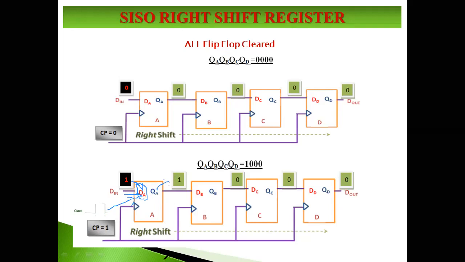You are giving only one clock pulse, so only the first flip-flop will be working. Why? Because it is serially connected, so it has to work one by one only. That is why for one clock pulse, only the first flip-flop will be active.